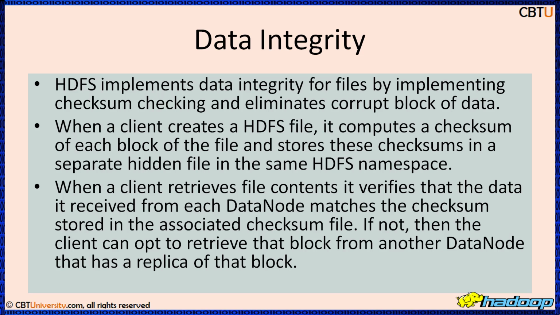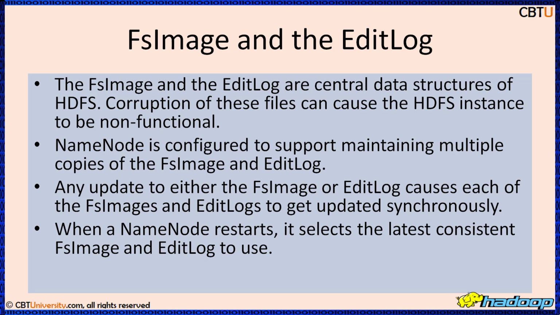When a client retrieves the file contents, it verifies that the data it received from each data node matches the checksum stored in the associated checksum file. If not, then the client can opt to retrieve that block from another data node that has a replica of that block.